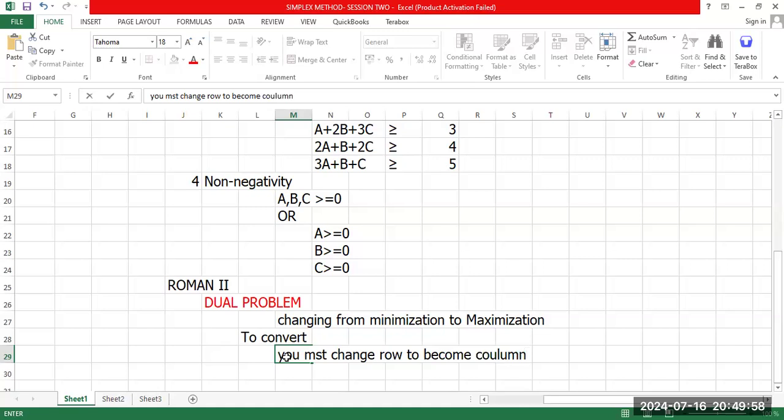Your original row where you had an inequality is going to become a column. And also, what was your decision variable is going to be your constraint. Your initial decision variable will now be the constraint.